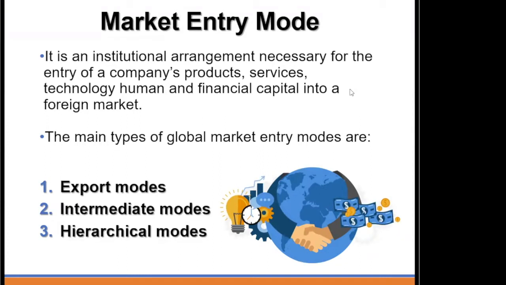Now, under each of these modes, there are subtypes that a firm can decide to use depending upon the various factors and firm characteristics that we talked about in yesterday's session, where we discussed the nature of the micro and macro environment, as well as the internal environment of the organization, and how these together predict which markets the firm decides to target. And it also goes on to predict which mode of entry they decide to use to enter these markets. So we are going to break down each of these modes, and then we will discuss some of the subtypes under each of them, starting from export modes.